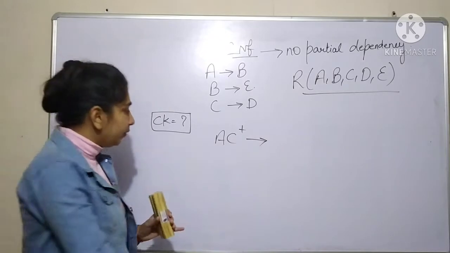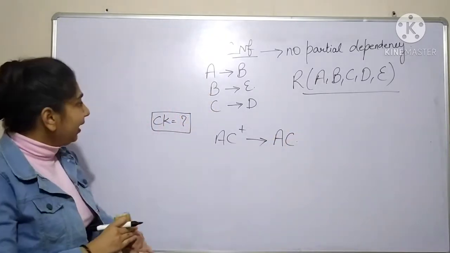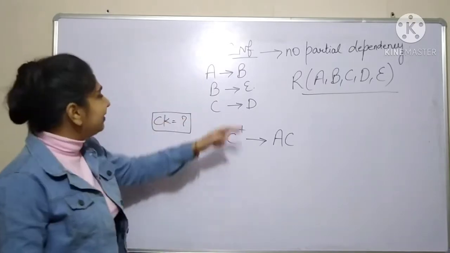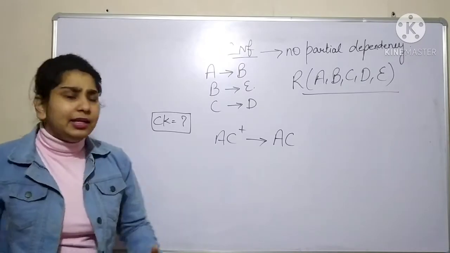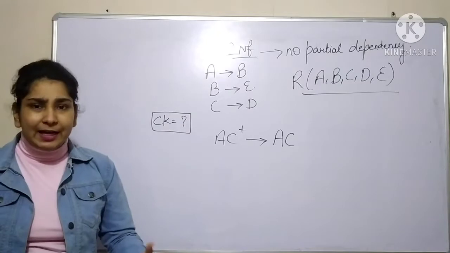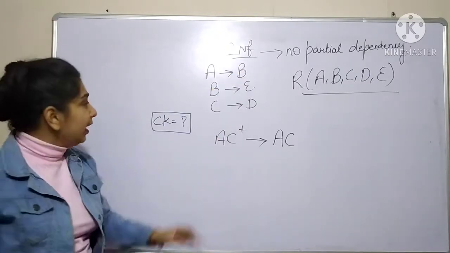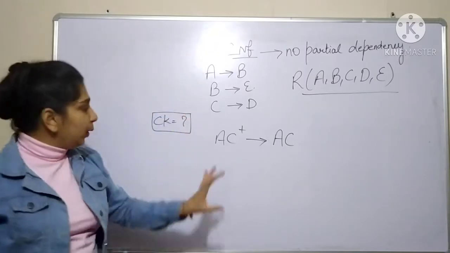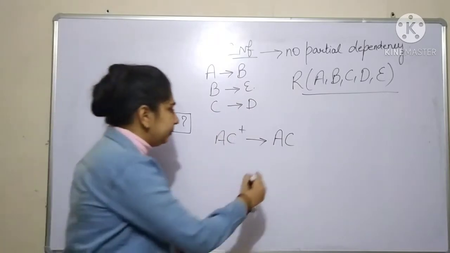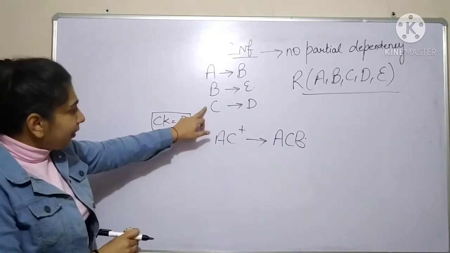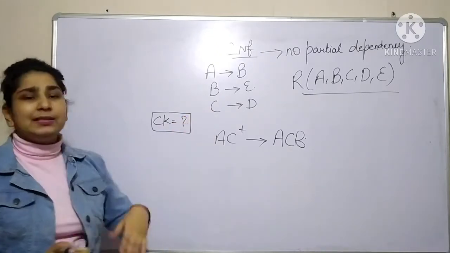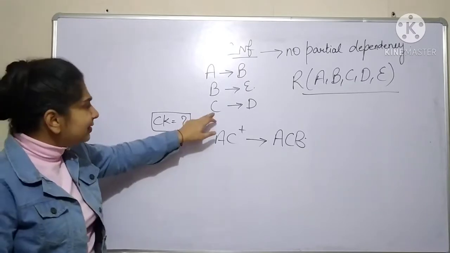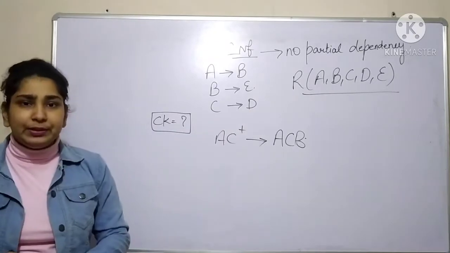If you look at the first functional dependency, A alone is enough to determine the attribute B. Any number of attributes you add to A, you would definitely be determining attribute B. Now if you look at this functional dependency, C alone is enough to determine the attribute D. So any number of additional attributes added to C would definitely determine attribute D.